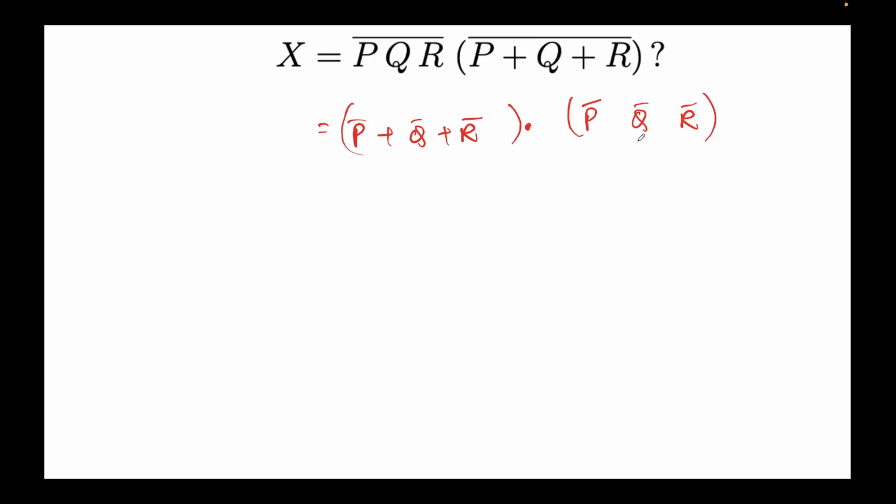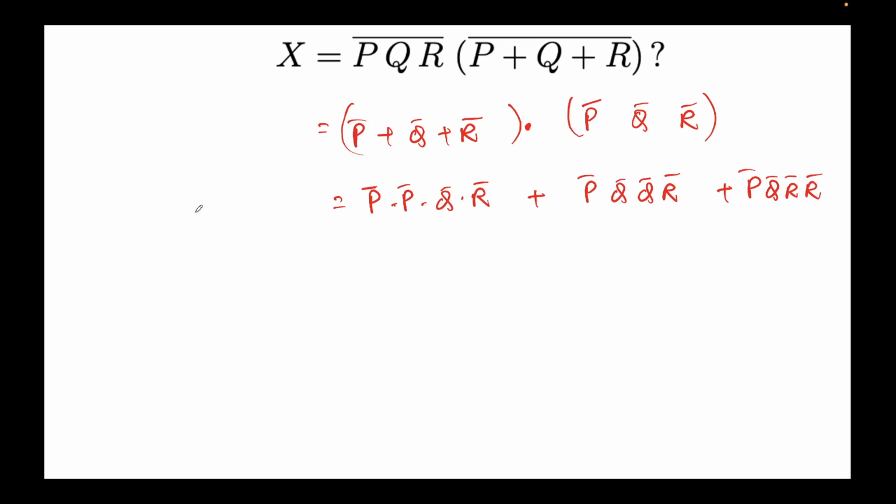So now I'll distribute this multiplication. This will turn out to be P bar times P bar times Q bar times R bar plus P bar Q bar Q bar R bar plus P bar Q bar R bar R bar.